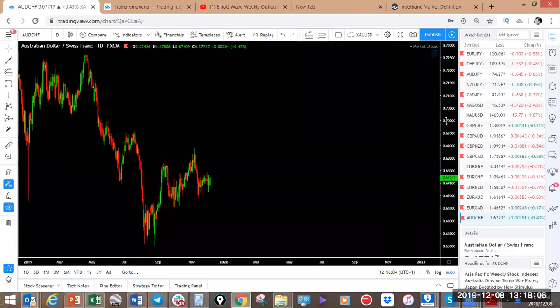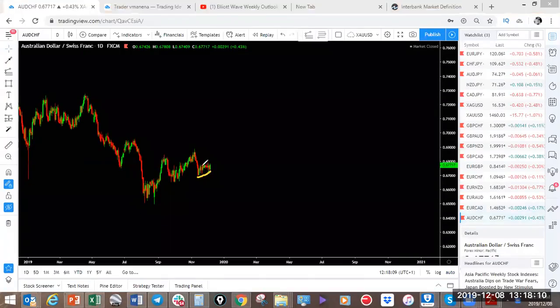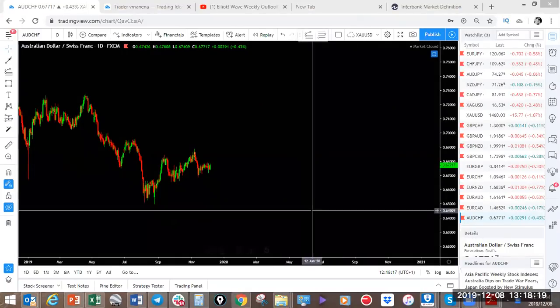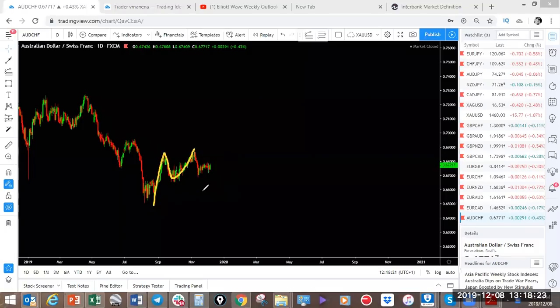AUDJPY. Expect this corrective structure to break lower and back to this level. Possibly make this structure. Not like that, sorry guys. We've got a 1, 2, 3-way move here.